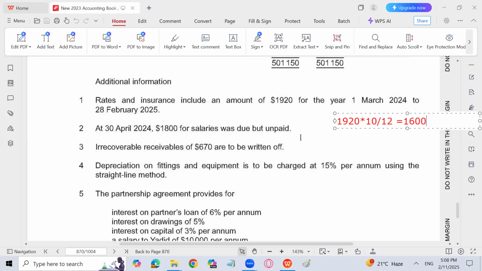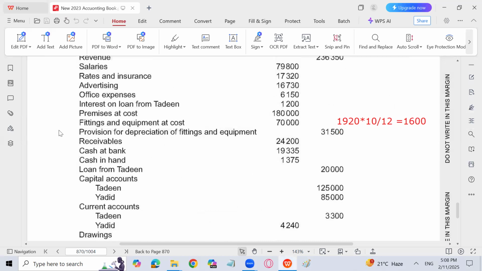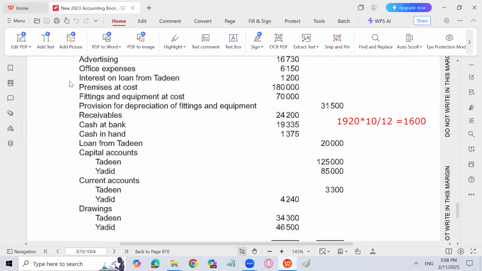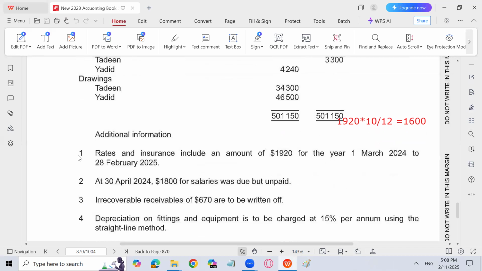I repeat again, my dear, rates and insurance include, it means that the amount of rates and insurance given in the question here, 17,320, includes the payment of 1920, which is for 12 months starting from 1st March till 28th February. March and April, 2 months payment, we should have paid.